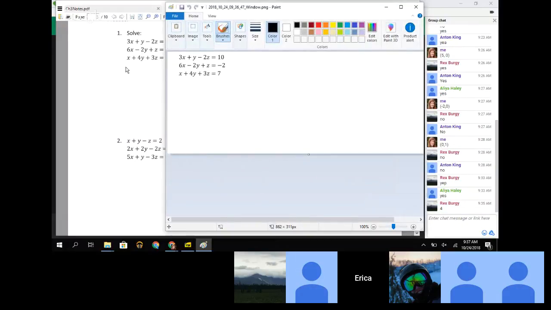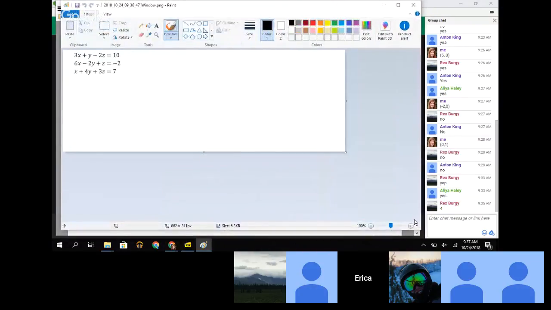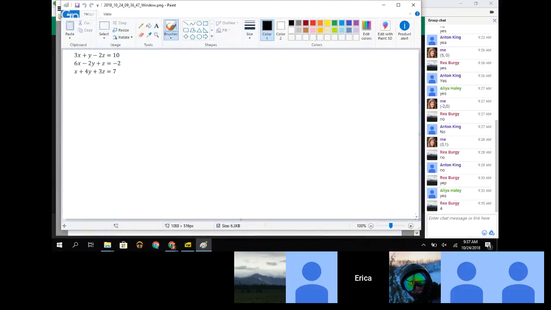What we want with these types of equations is eventually to get all 3 of these equations down to one equation with one variable. That's what we're working toward. One equation with one variable.